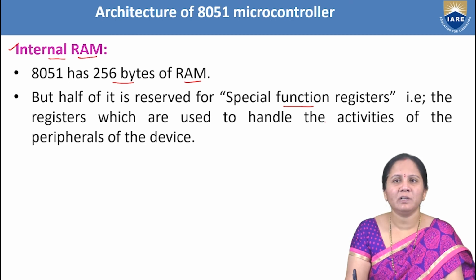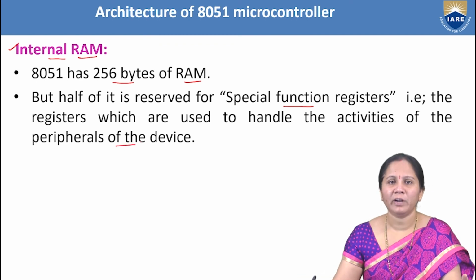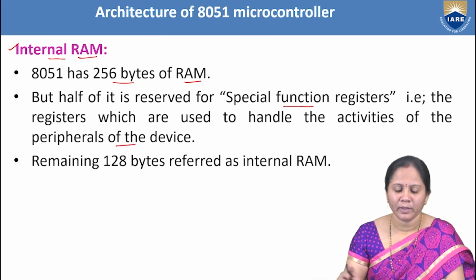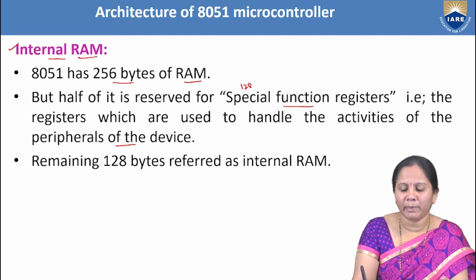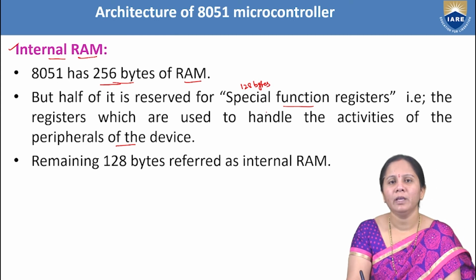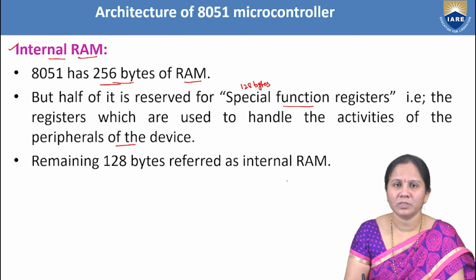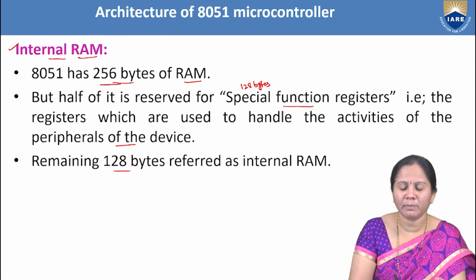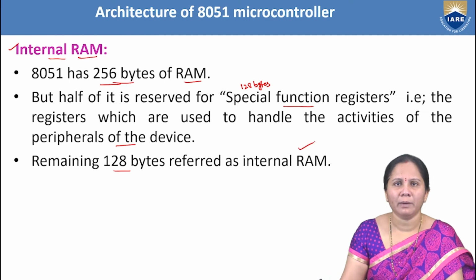These special function registers are used to handle the activities done with the help of peripheral devices. So half of it means 128 bytes: 128 bytes of RAM are meant for the special function registers and the remaining 128 bytes are meant for internal RAM.